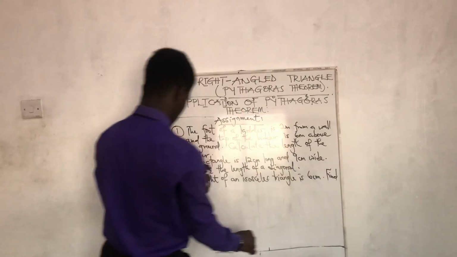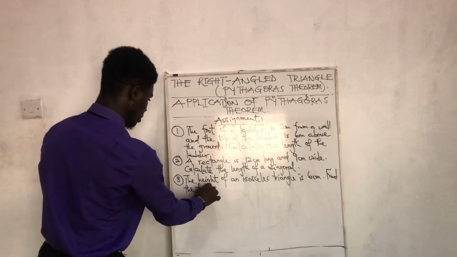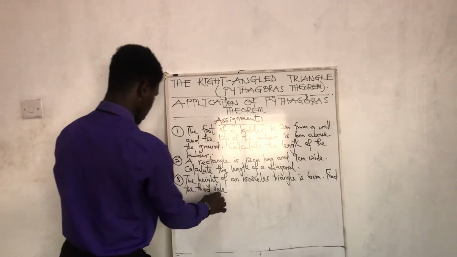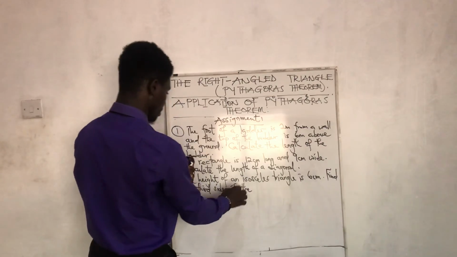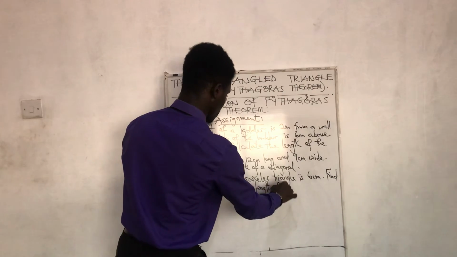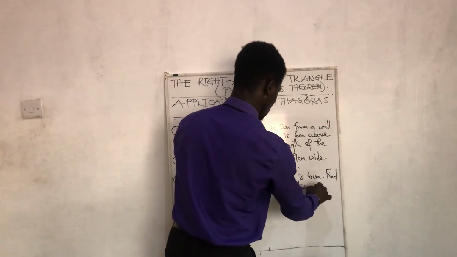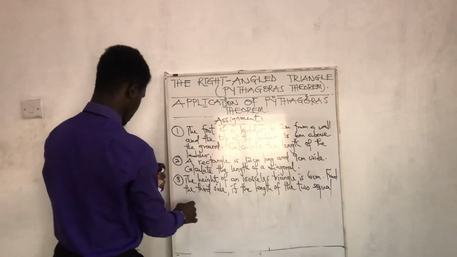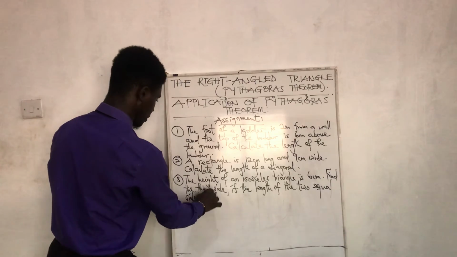Find the side if the length of the two equal sides is 10 centimeters.